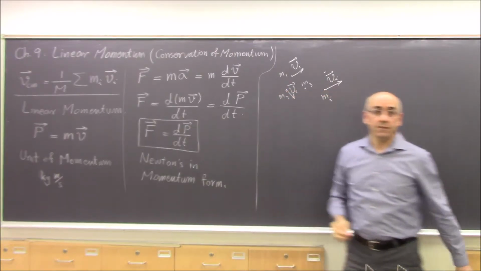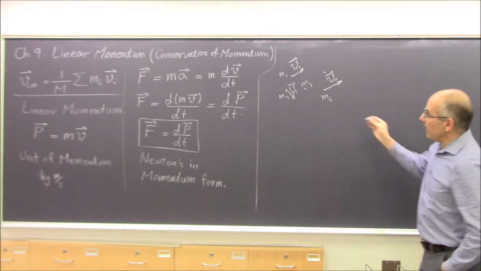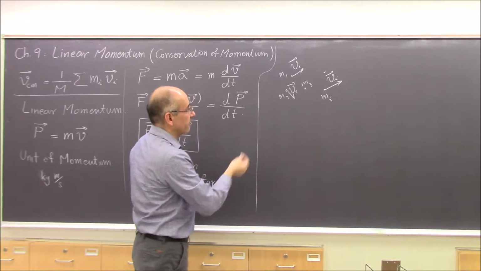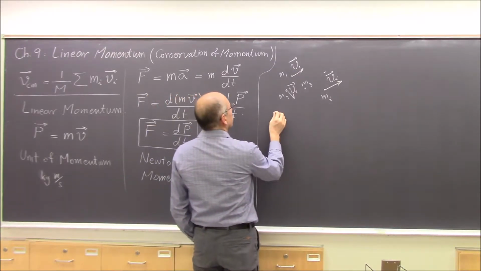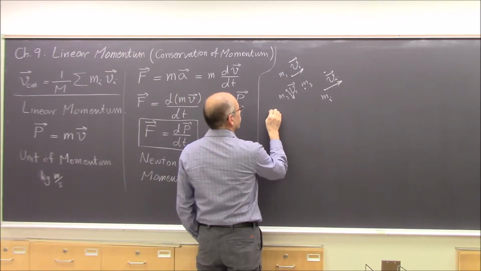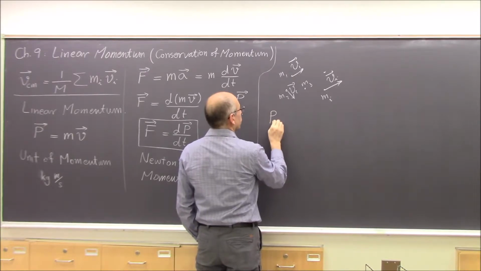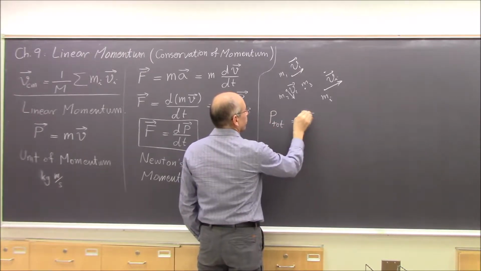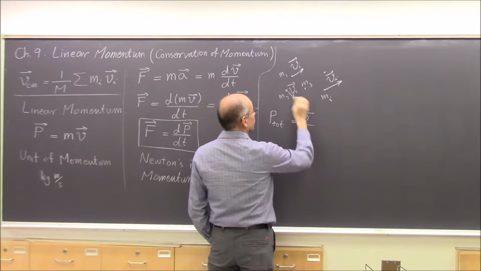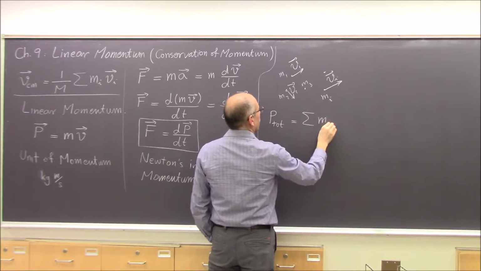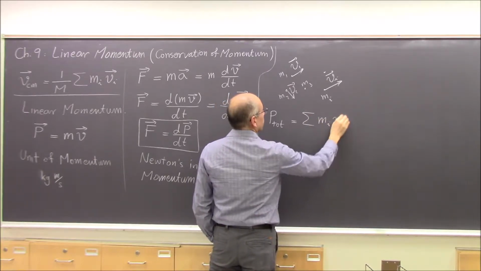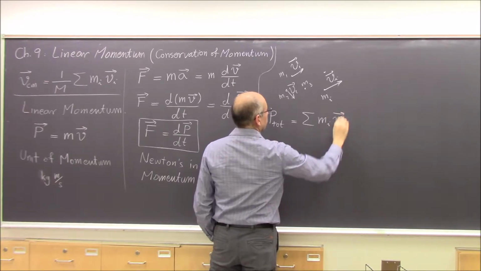If you add all the velocities times masses together, you find the total momentum, P total, which is sum of all the masses, Mi, times its velocity.